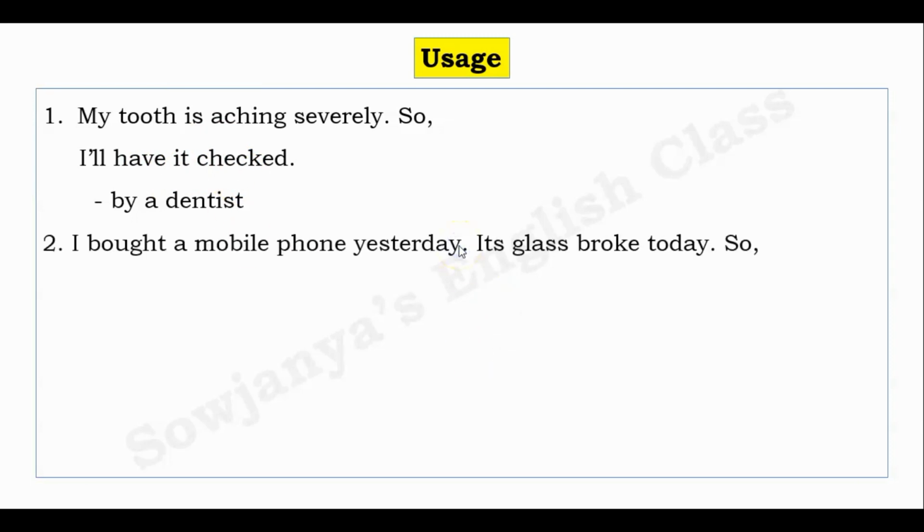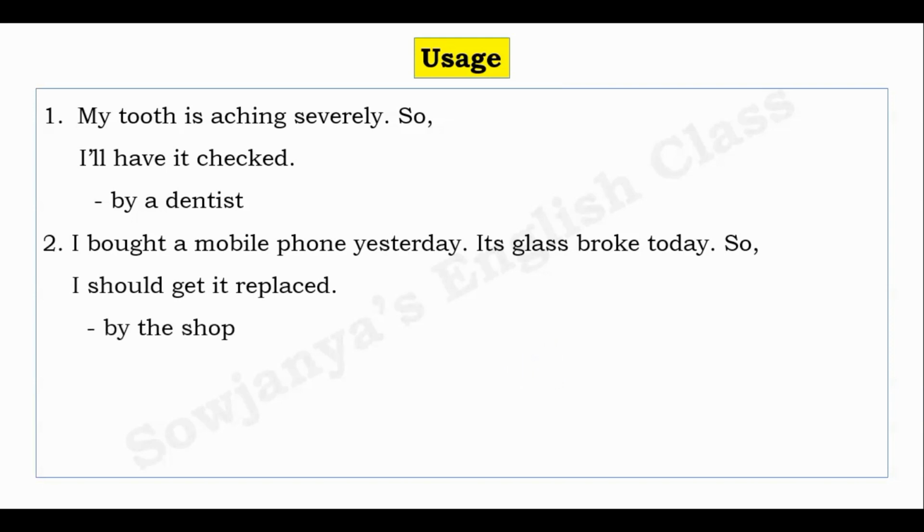Look at the second example. I bought a mobile phone yesterday. Its glass broke today. So under such circumstances, what am I supposed to do? I should get it replaced. Where?